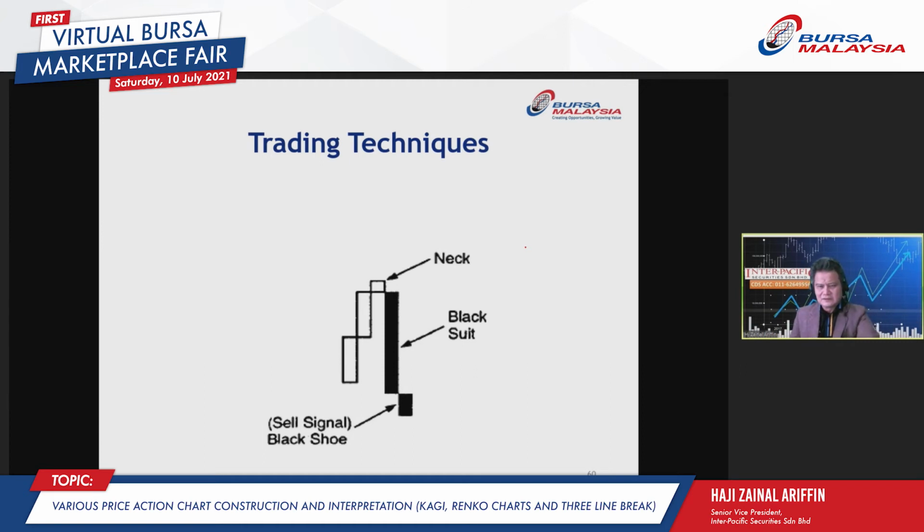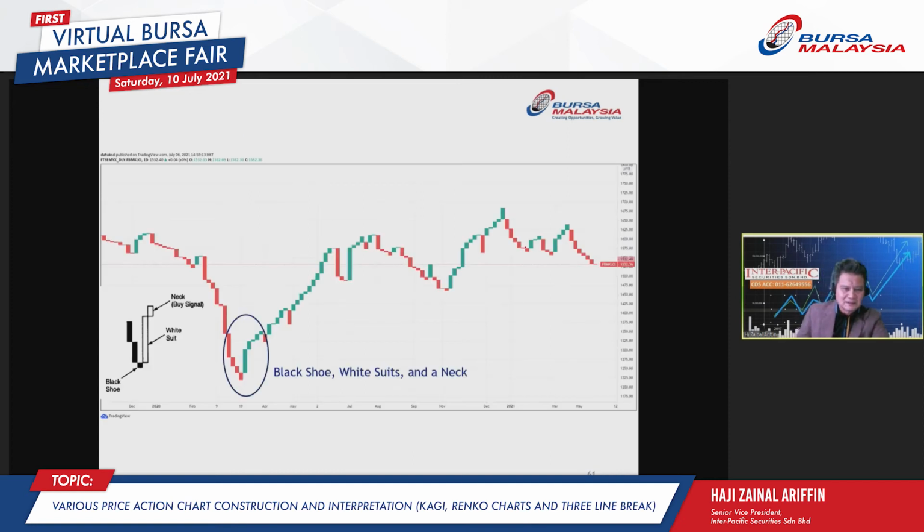Okay, let's see in the chart. I just picked one randomly, it's still the same thing. This is how it looks. As you see, the price is going down, and this is a black shoe, white suit, and a neck. After that the price goes all the way up.